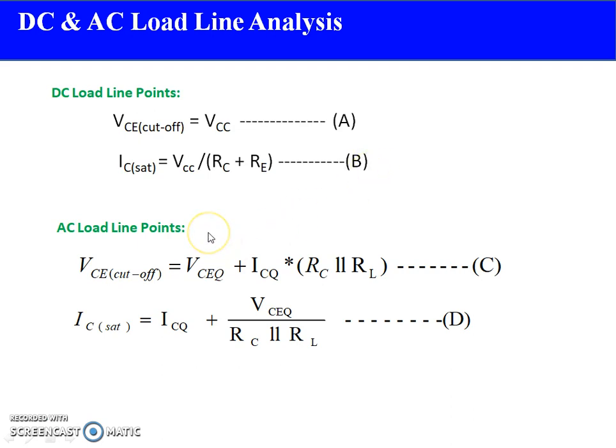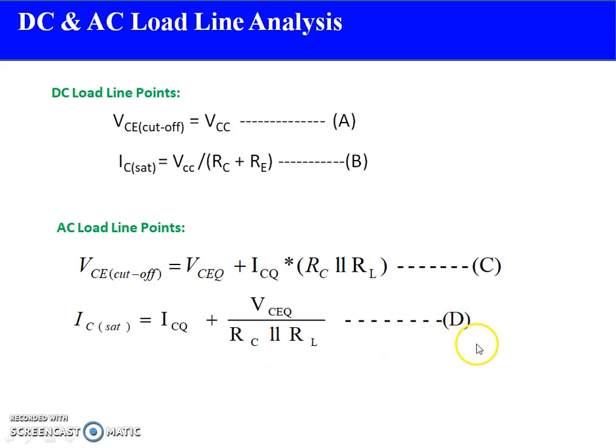Similarly, we also know the AC load line intersection points, where VCE cutoff will be given as VCEQ plus ICQ times RC parallel RL. Let me indicate this point as capital C. And IC saturation is given by ICQ plus VCEQ divided by RC parallel RL. Let me indicate this point as capital D.